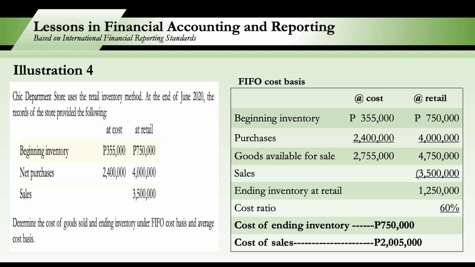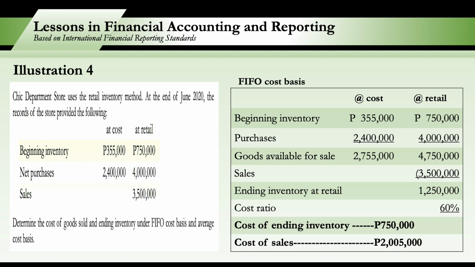And that amount will be multiplied with our cost to retail ratio. Our cost to retail ratio using the FIFO method is we just divide our purchases at cost over our purchases at retail.